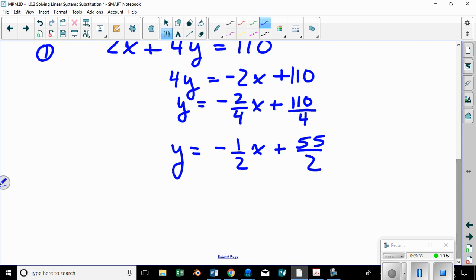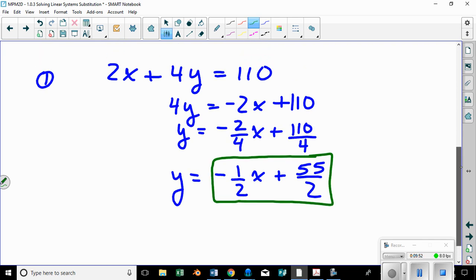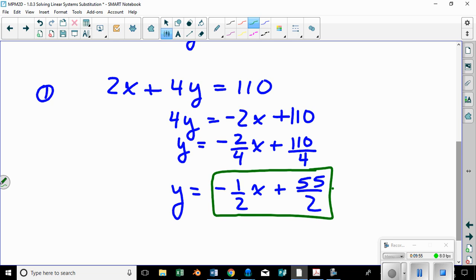Now, this is clearly not a very nice equation, but the nice thing about this is I actually don't have to isolate for the other y value. If this is y, I can now go and substitute that into the second equation.